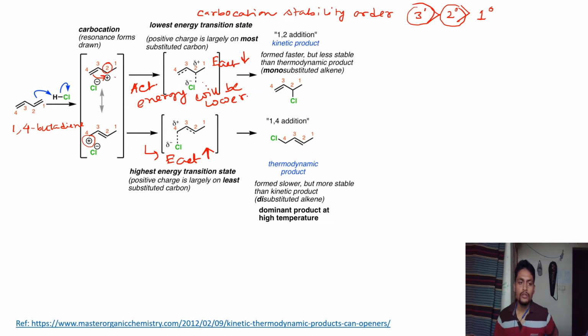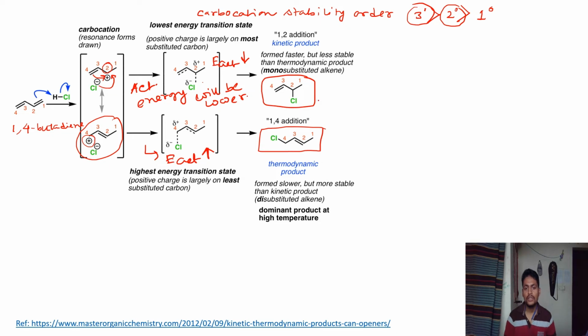But now from that, if we get the product, which is nothing but adding this Cl minus, we'll get this. And if we think about the product from this intermediate or transition state, we'll get this product. Now just think about these two products. This alkene is not mono substituted, because only one substitution. Now this alkene is actually di substituted.